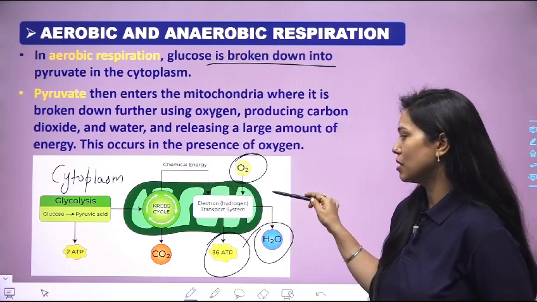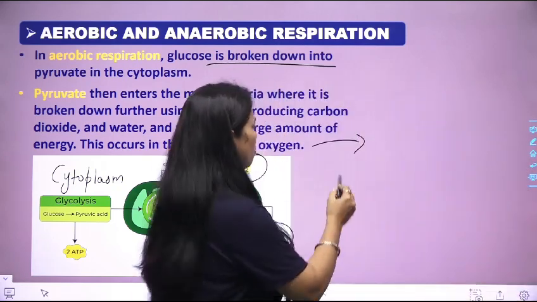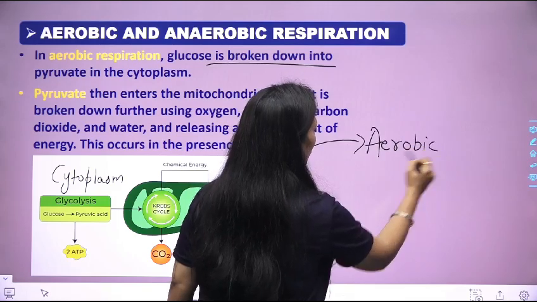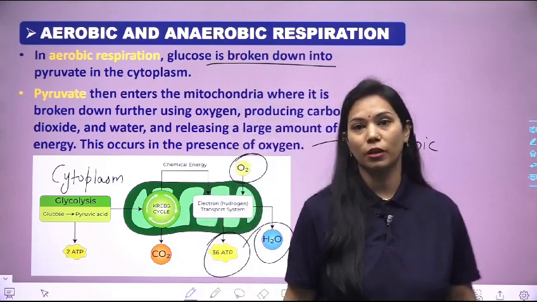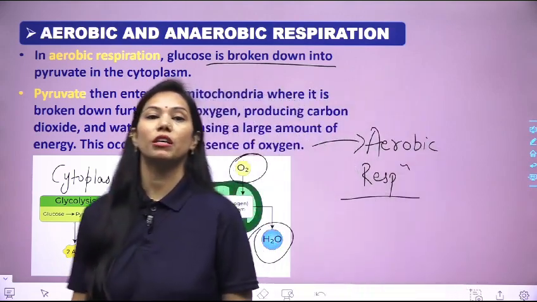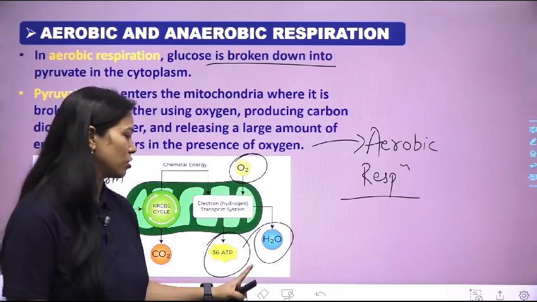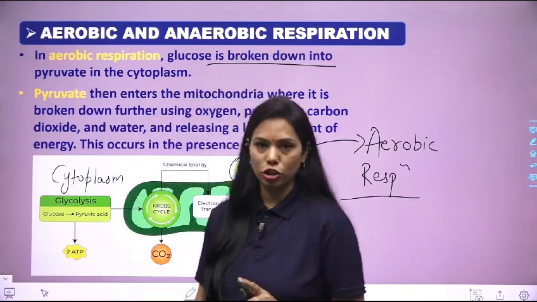Because this occurs in the presence of oxygen, it is known as aerobic respiration. The matrix of the mitochondria is the site of aerobic respiration, by which energy is formed using the oxygen molecule.